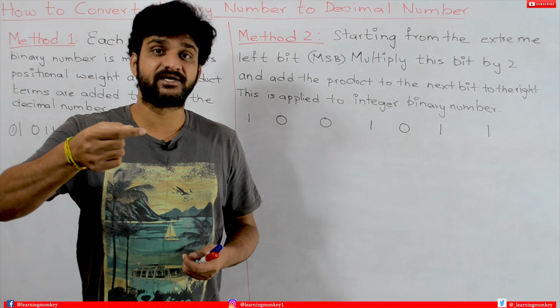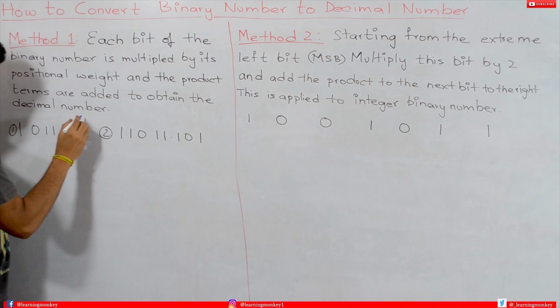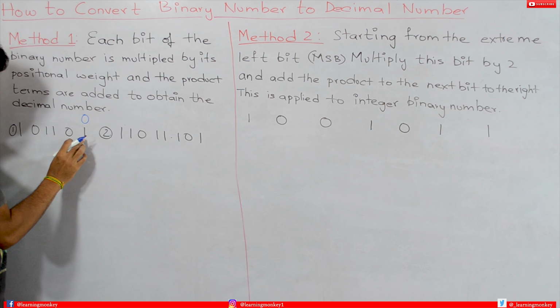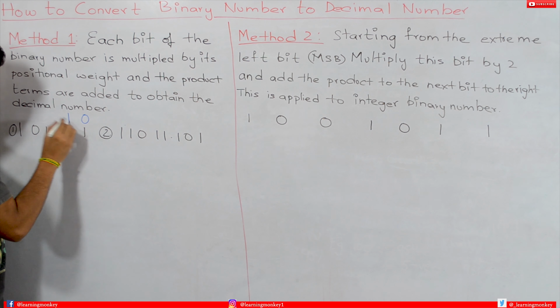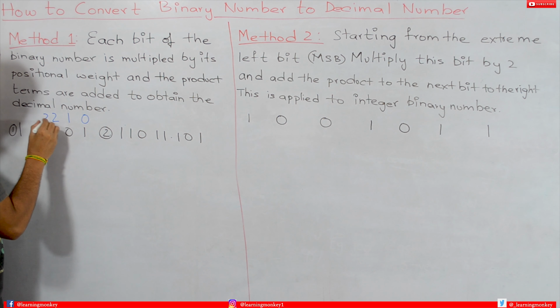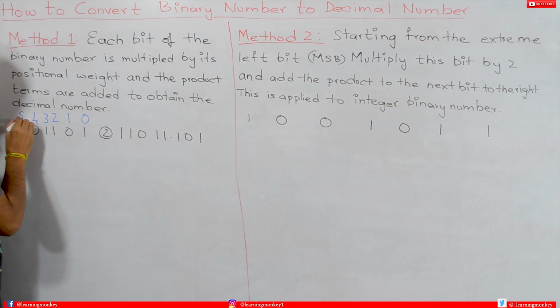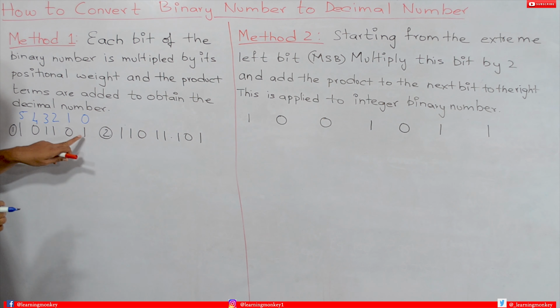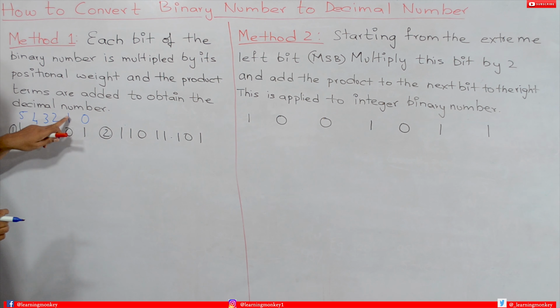As the position of the bit changes, its value will also change. For example, consider this number: the position of the first bit is 0, then 1, 2, 3, 4 and 5. The position of this 1 is 0, the position of this 0 is 1, and the positions of the others are 2, 3, 4, 5.